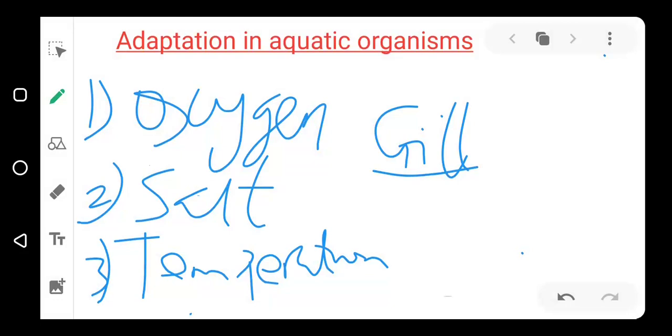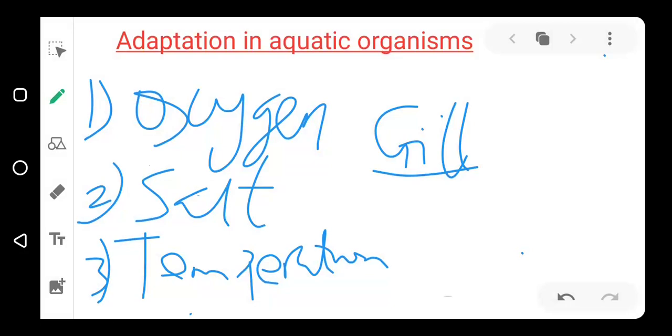Now for temperature, we know that fish have scales, other ones have special fur or feathers that help them to regulate temperature. When the temperature is too cold, their scales will be positioned in such a way that their body will be totally covered and it will be able to generate heat from inside their body.